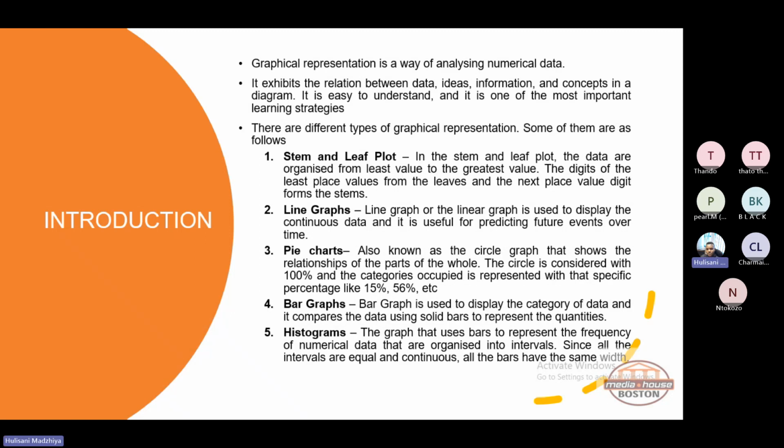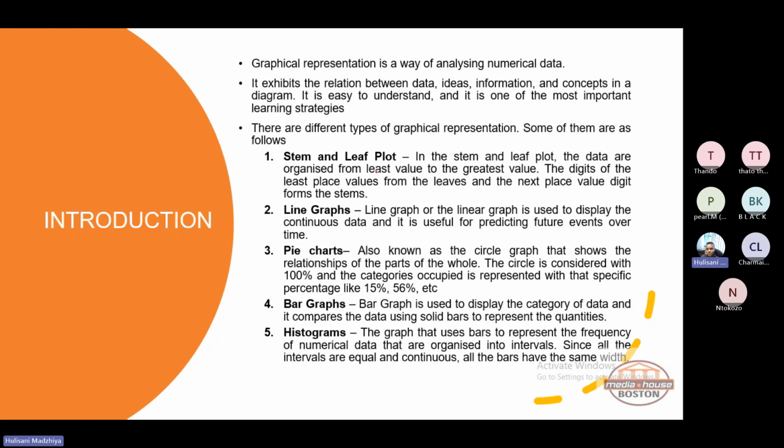To represent our data, we have the following types of graphical illustration that you can choose from. These are the 5 types of graphical illustration that we're going to talk about during this lesson. The first one is the stem and leaf plot. I'm just going to read the explanation on each of those.